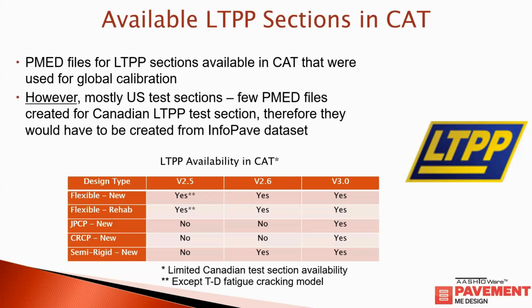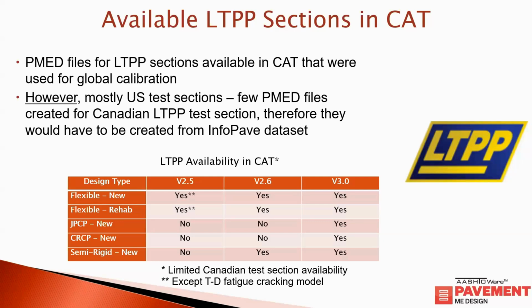And then for concrete, since the concrete models, both jointed plain concrete and continuously reinforced concrete, were globally calibrated for the most recent version, the web application 3.0 version, because, well, two things went on there.